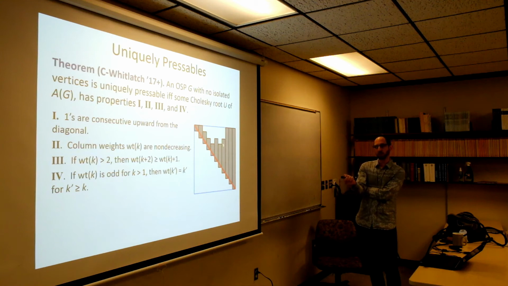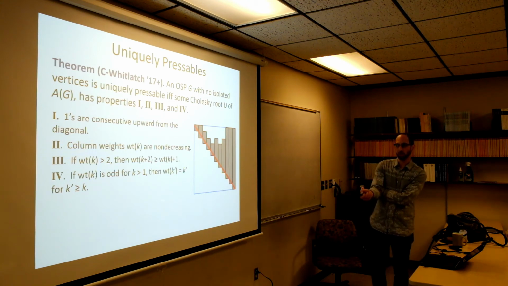Two steps later, this column is a strictly larger weight. And then that keeps happening. So the weights have to go up 2 columns later, once it goes above weight 2. By the way, if all the weights are 2 except for that first one, which is 1, then that is that path that's got the 1 black vertex.